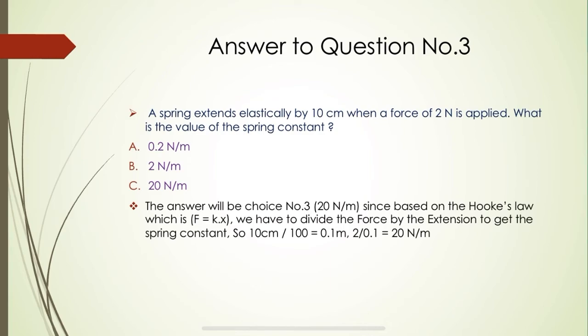So in that case, as we see in the choices, it is N over M. So 10 divided by 100 equivalent to 0.1, 1 over 10 in other words, meters. So force divided by extension, 2 divided by 0.1 equivalent to 20 N over M.